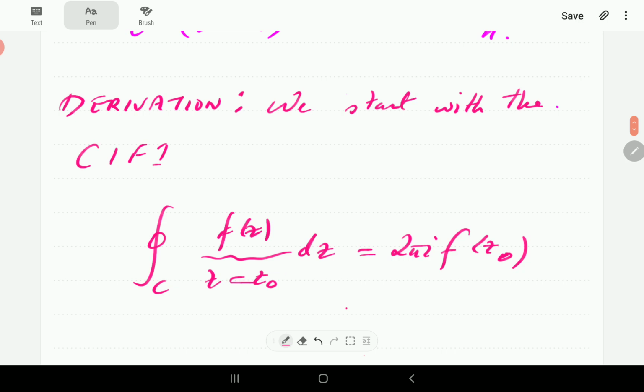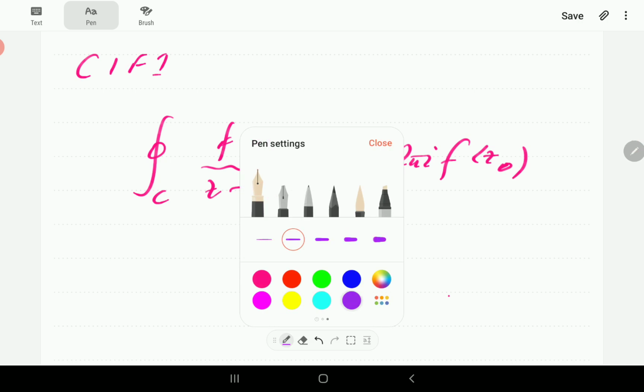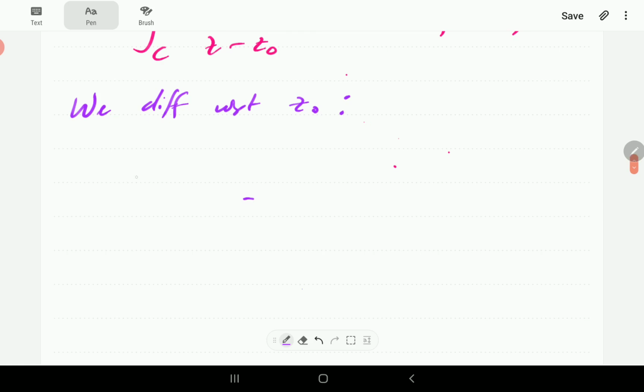We're going to start with CIF1, which is stated here. Then we're going to treat z naught as a variable and differentiate with respect to z naught. On the left hand side, we're going to have partial with respect to z naught of the integral of f of z divided by z minus z naught dz.